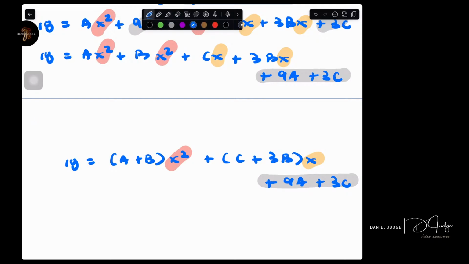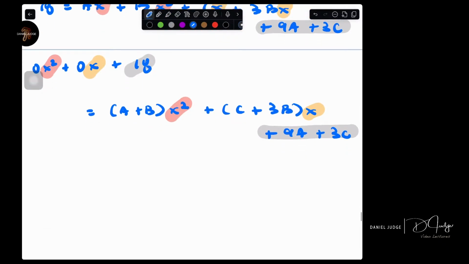Since there's no x squared term on the left, there's no x term on the left, only an 18 on the left, I can write my left side with 0 coefficients wherever there's terms that are missing. And I just have that constant 18. Now, what does that mean? That means a few things.